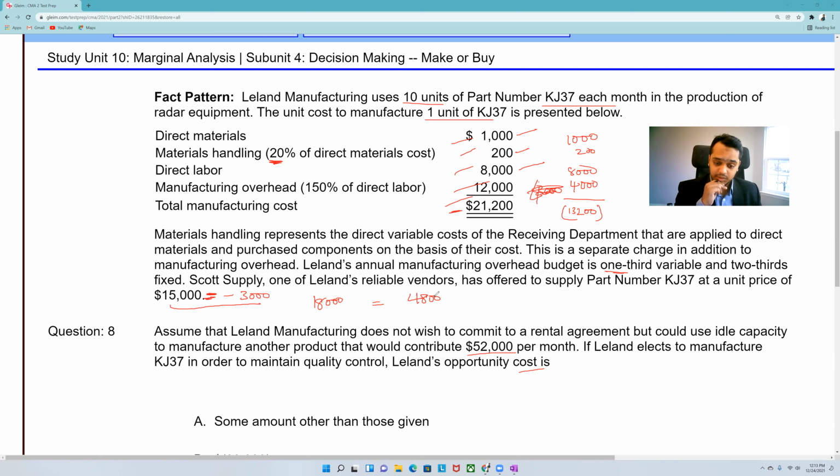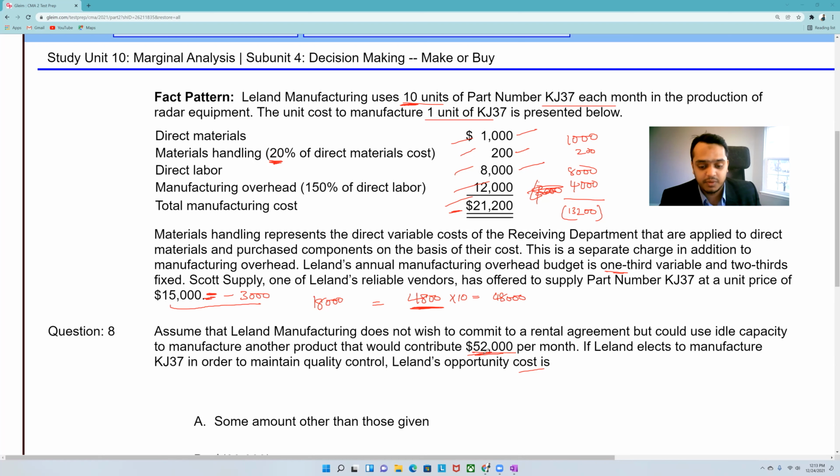4,800 is the cost which you are levying, the extra which you are paying. So 4,800 is the extra cost which you are paying, but for how many units are you paying it? 10 units you are paying it for. So how much is it? Into 10, 48,000.